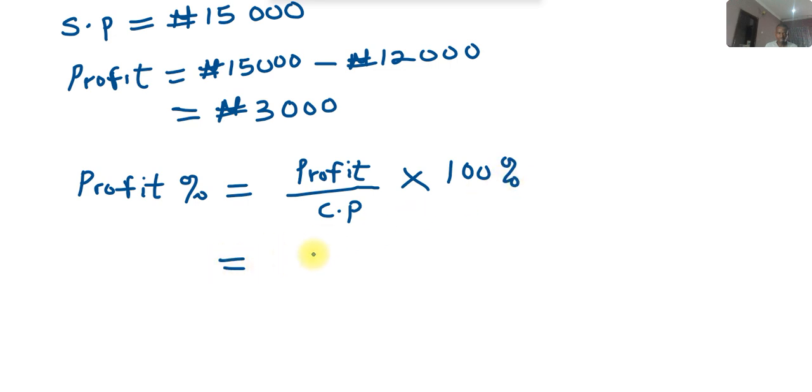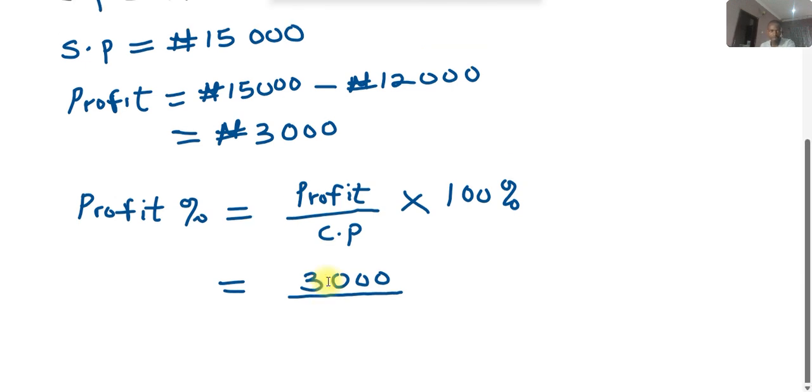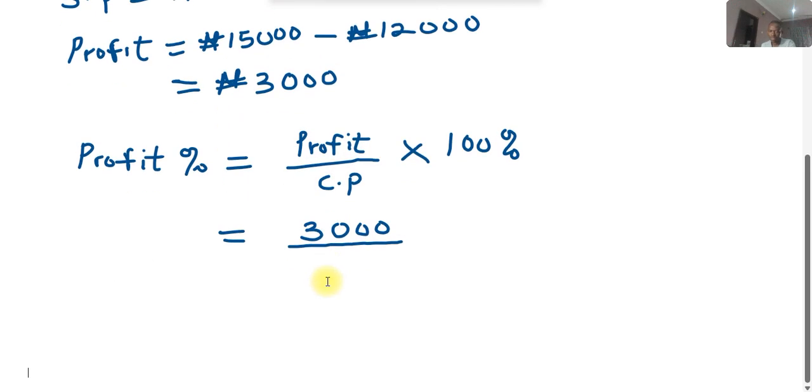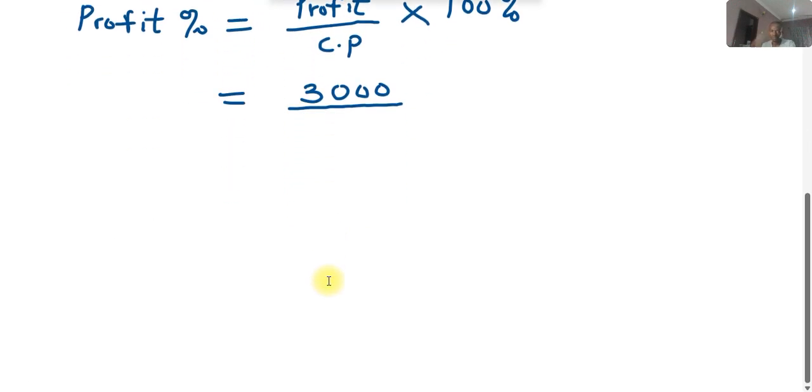In that case, we have our profit to be 3,000 naira over cost price. Our cost price is actually 12,000 naira, if you can remember. So let's proceed: 12,000 naira multiplied by 100%.